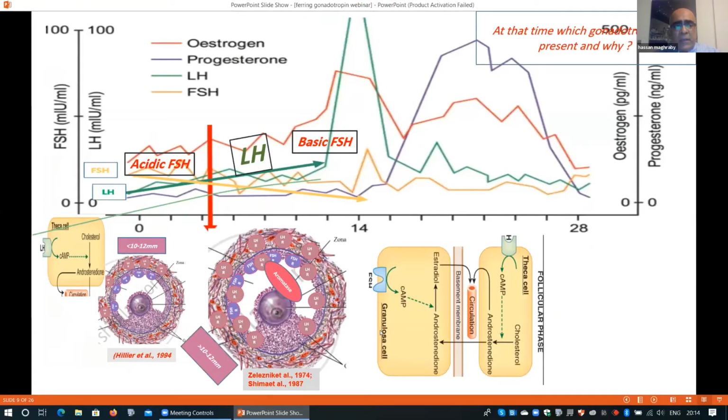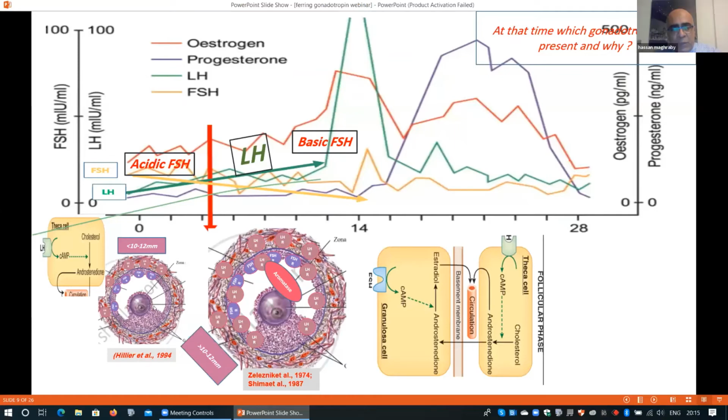Another important thing is that physiology gives us lessons. Early in the follicular phase, follicles which are less than 10 millimeter have no LH receptors on their granulosa cells. Whereas after 10 or 12 millimeter, they start having LH receptors on their granulosa cells.